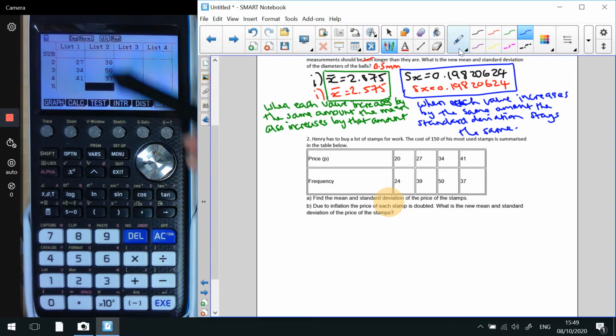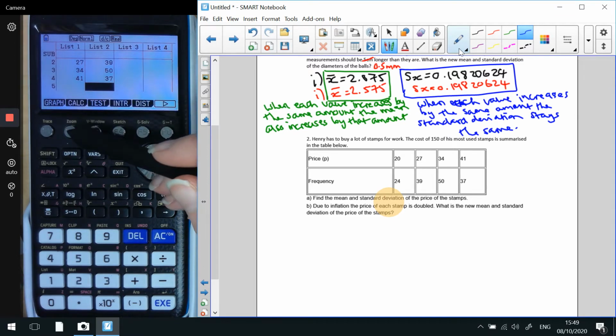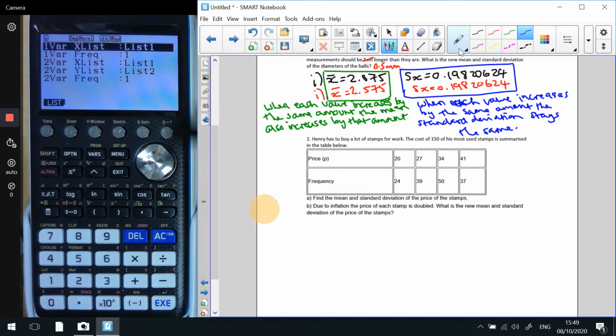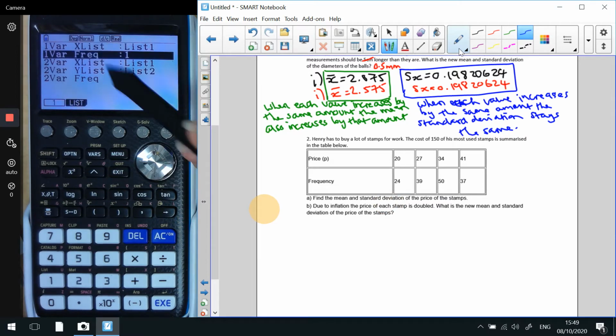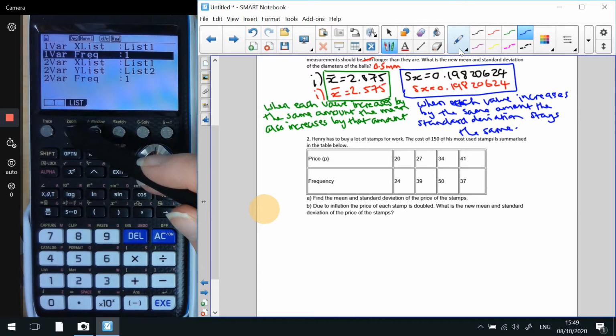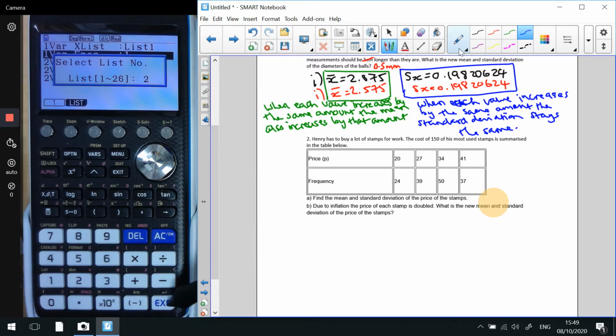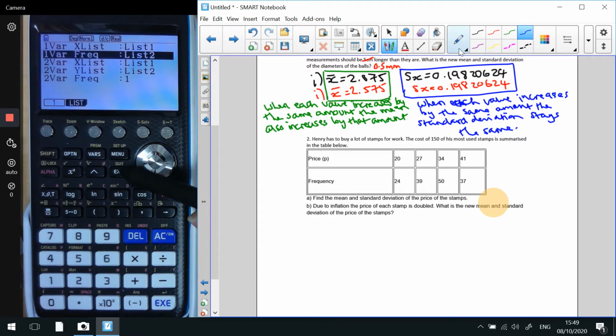Now this time I do have a list of frequencies which I have put into list 2. So when I go into calc, I need to change my set so that it tells the calculator that I put my frequencies into a list. So click F2 to get the list option up, and then tell it that you put it into list 2, exit to save that, and exit to go back.